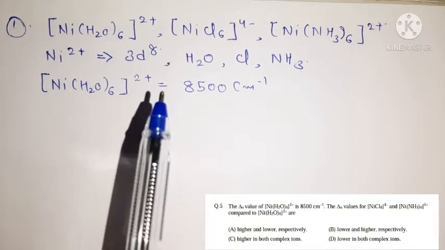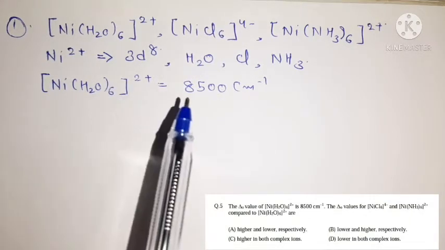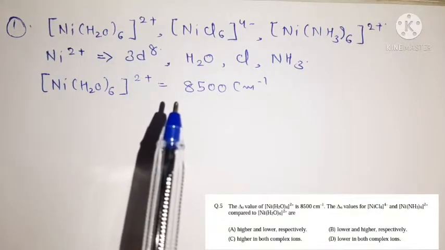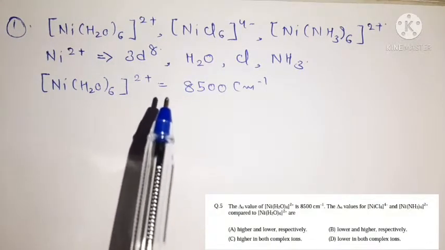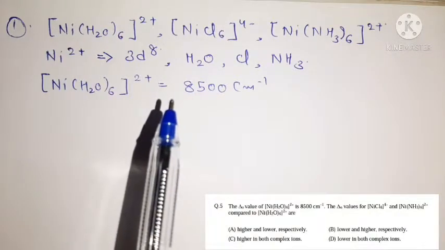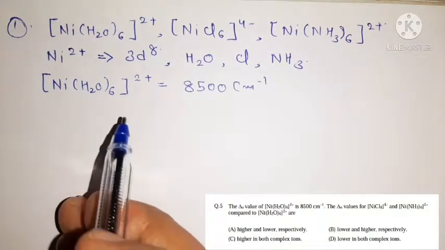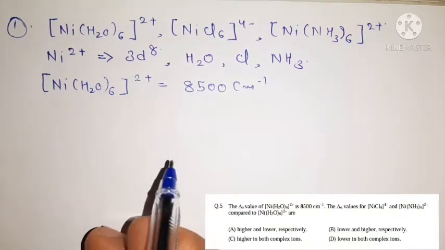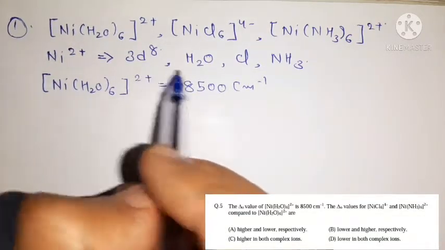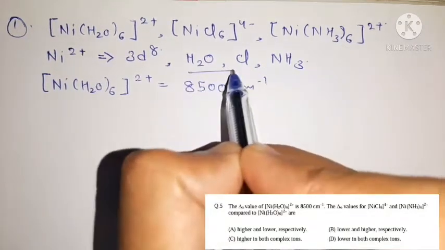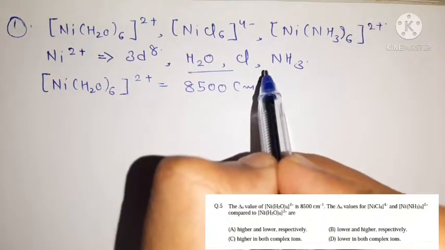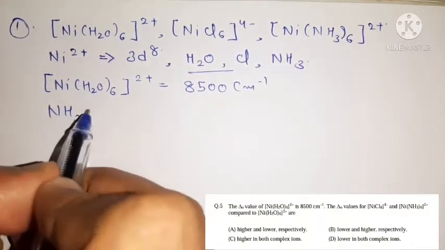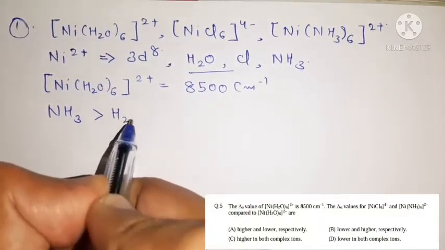Okay, now first of all friends, what is the concept behind the solution of this question? So we use the concept of ligand field strength for the solution of this question. Now we know that the order of ligand field strength according to the spectrochemical series is NH3 is greater than H2O and H2O is greater than Cl.